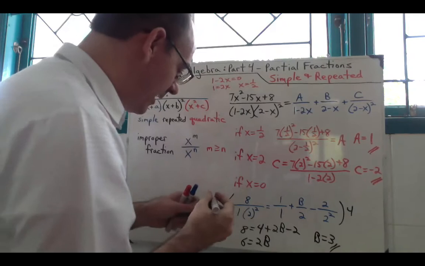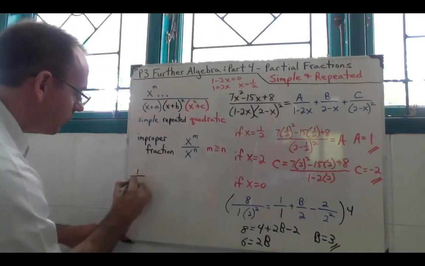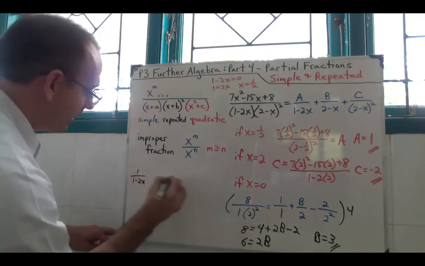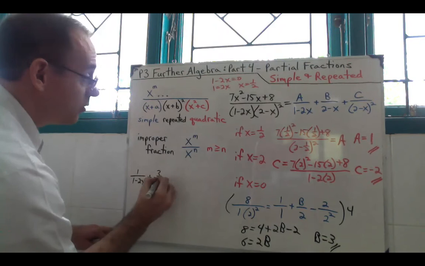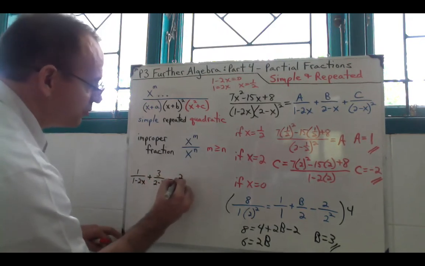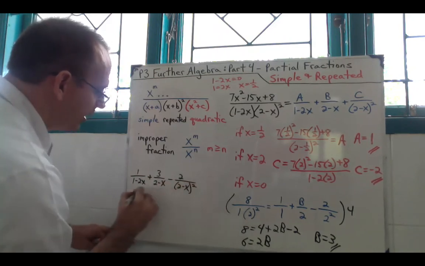Okay, so now we have our ABC. Now we can write 1 over 1 minus 2x plus 3 over 2 minus x minus 2 over 2 minus x squared.